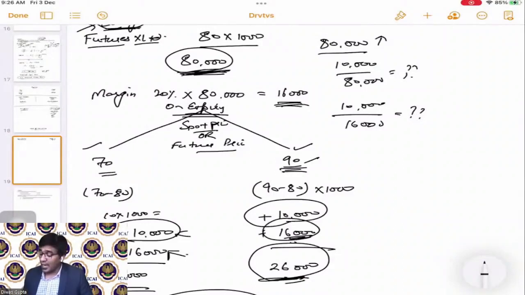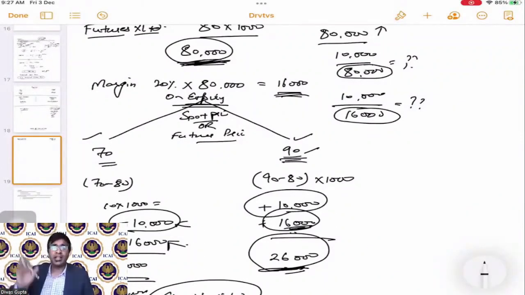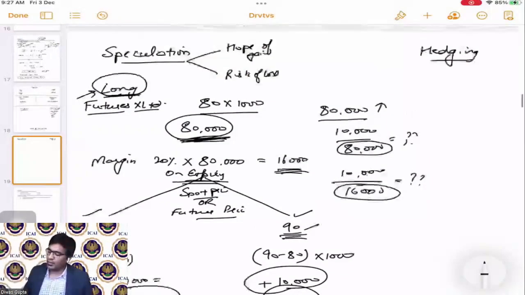So you see the kind of exposure this brings in, because here you are investing 80,000. Here you are only putting 16,000. So if you lose, you will lose high. If you gain, you will gain high. Okay, Naveen, so your observation is perfectly correct. In speculation, the cost of borrowing is very less because the funds involved are very less. Instead of 80,000, we are only involving 16,000.